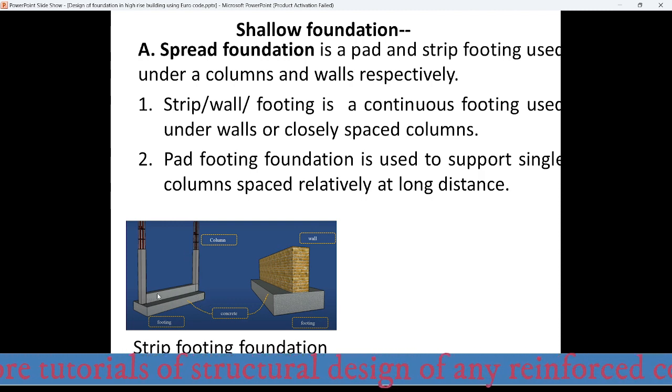So we need to use a strap beam here. This kind of footing is a combination of a strap and a strip footing.